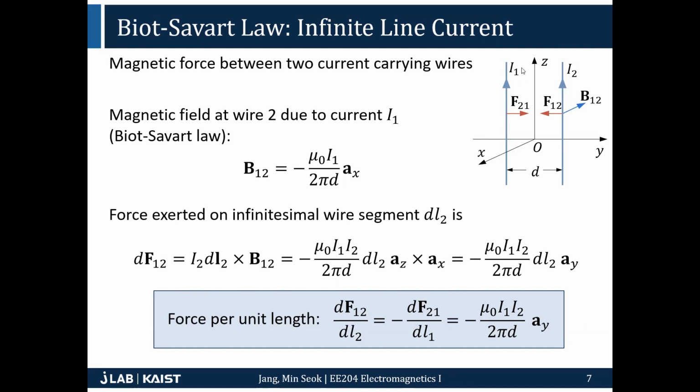If you calculate this, you know that B12 is minus mu 0 I divided by 2 pi d, where d is the distance between these two. And the direction is going to be minus a_x.